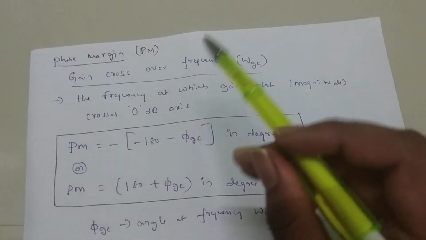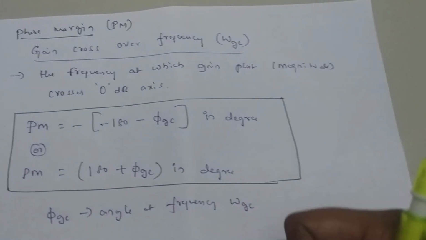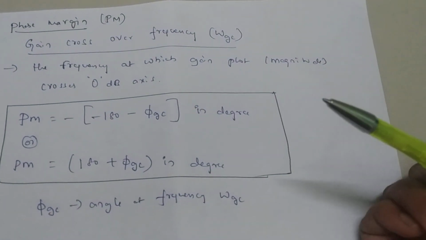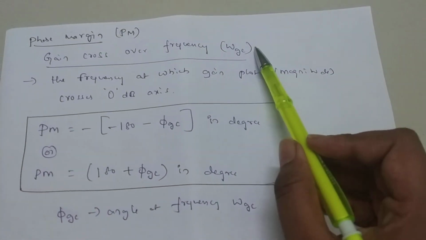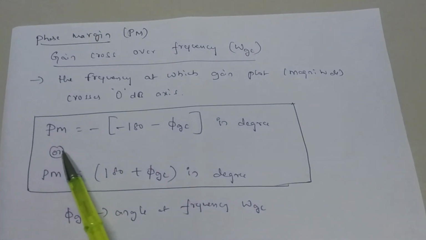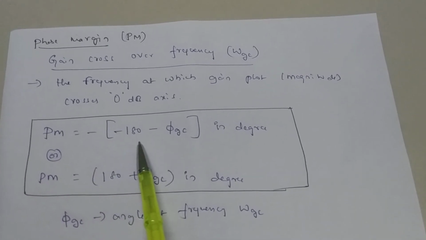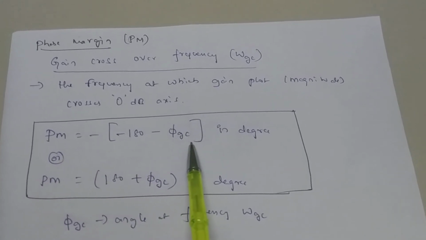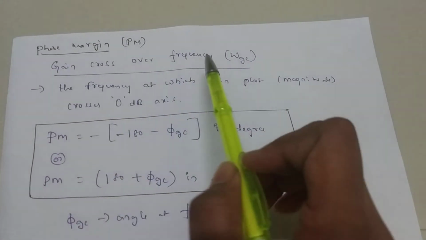Similarly for phase margin. Gain margin is at the phase crossover frequency and phase margin is at the gain crossover frequency, that is omega GC. So PM, the phase margin, equals minus of minus 180 minus phi GC, where phi GC means the angle at the gain crossover frequency.